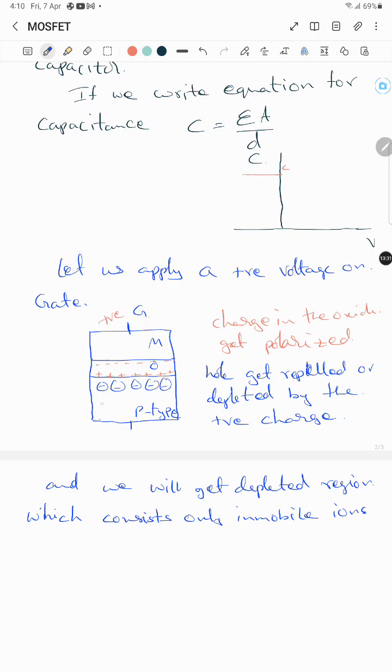There won't be any holes. Holes will be depleted from this region, and this region is called the depletion region.